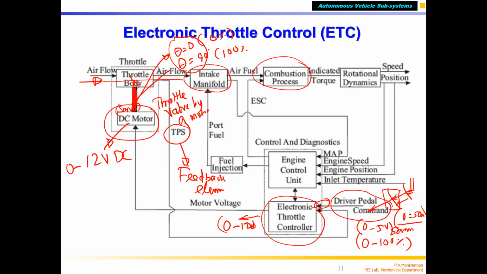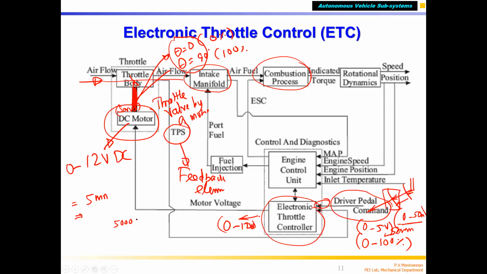Now, for example, if the driver presses 5 mm, what should be the voltage coming from the sensor? We know that 0 to 50 mm equals 0 to 5 volts, so that means 0 to 5000 millivolts. When the pedal is pressed to 50 mm, that means 100% throttle.